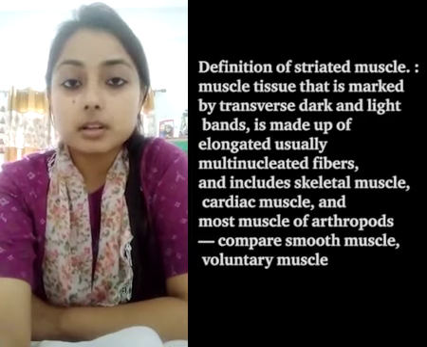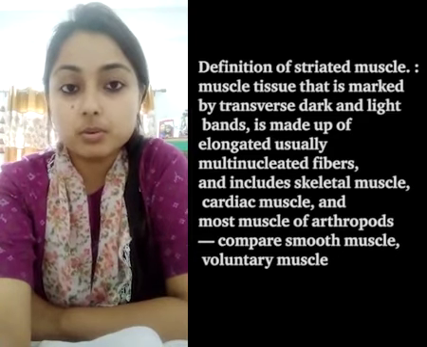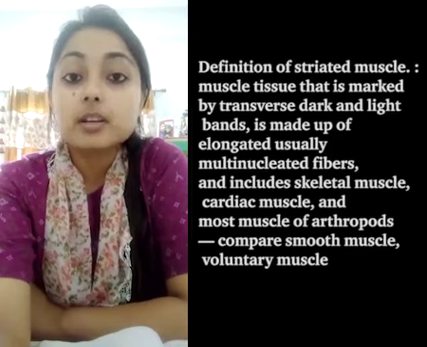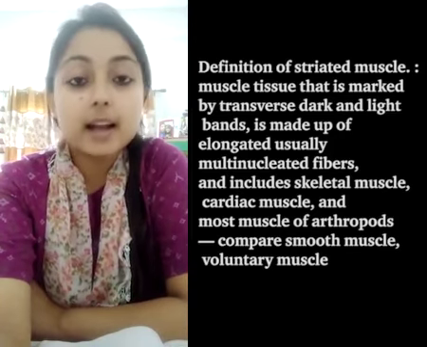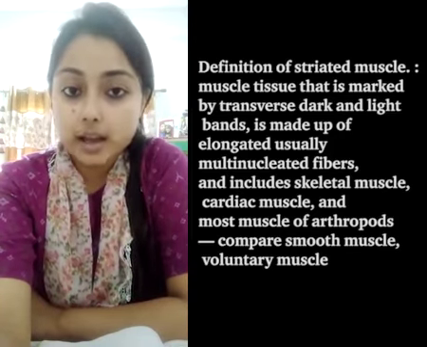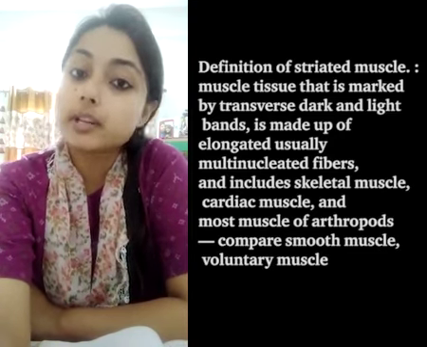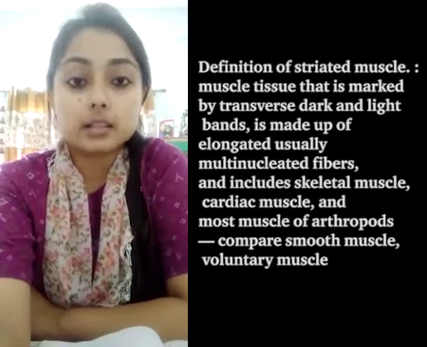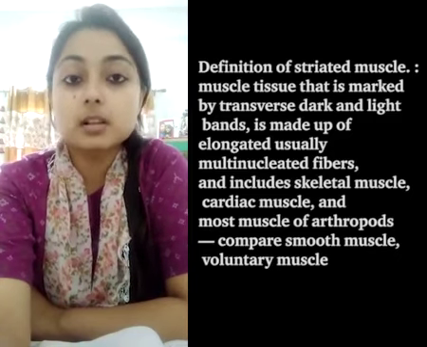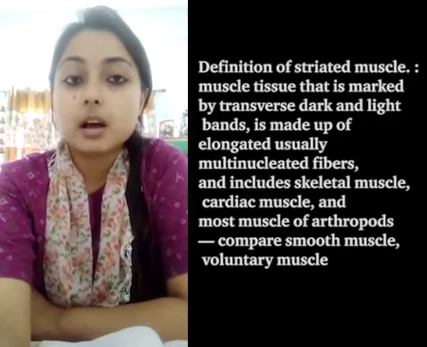Striated muscles are basically muscle tissue marked by transverse dark and light bands, and they are made up of elongated and usually multinucleated fibers. They include skeletal muscle and cardiac muscle.